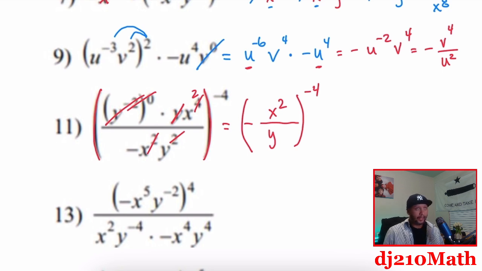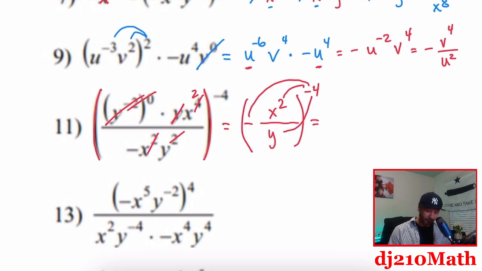So the only, I guess, bad thing about just scratching out numbers is sometimes it can get convoluted, right? It'll be hard to read because you're like, what did I scratch out or what's left behind? Things get lost. So you just make sure you're keeping everything straight. Okay, the negative 4 has to apply to the negative, has to apply to the 2, and has to apply to the y. Okay, the negative in front, it's going to go away because 4 is an even number.